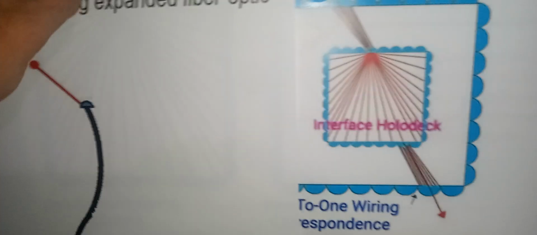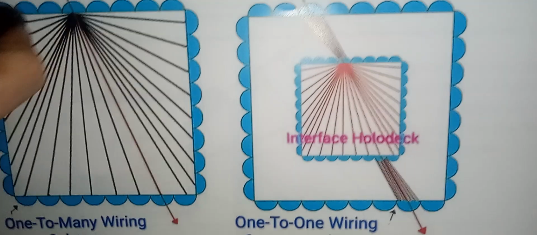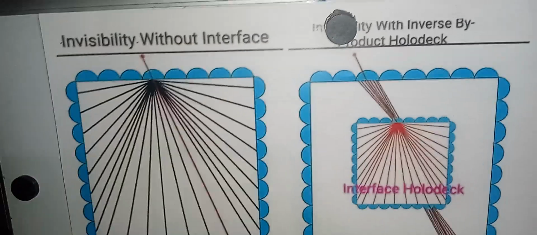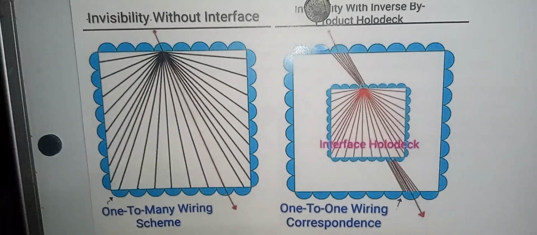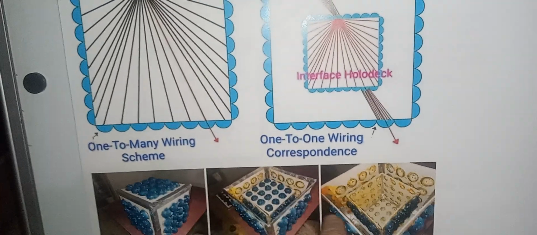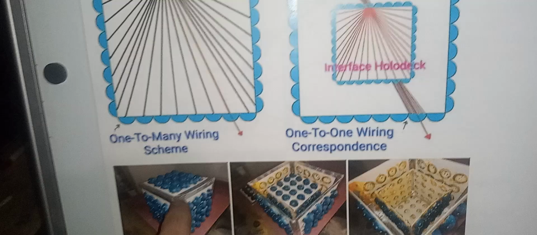Now, this is a light interface system where, well, this shows the one-to-many wiring scheme, and I made models of these. It's in my kitchen right now, but this is the closed shell, the open shell, and the open interface.